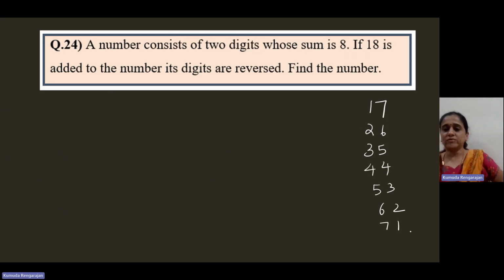So it has to be one of these numbers because it's a two-digit number and the sum of the digits is 8. A number consists of two digits whose sum is 8. The sum of the digits, one digit plus the 10th digit, is 8. Okay. So it can be 17, 26, 35, 44, 53, 62, or 71. Can be 80.